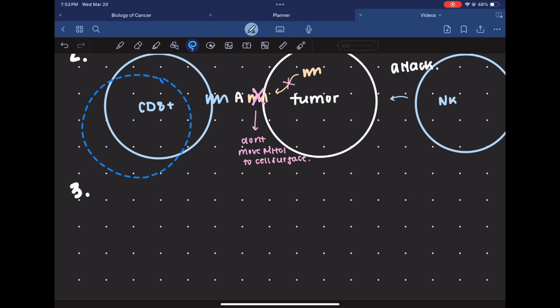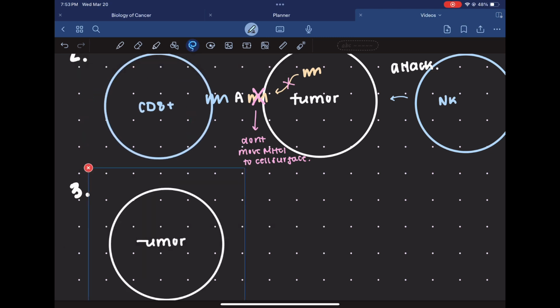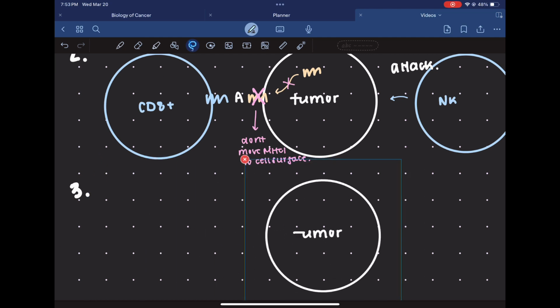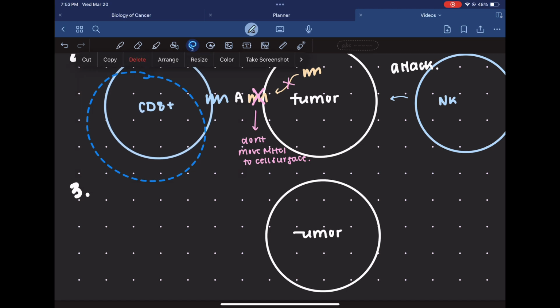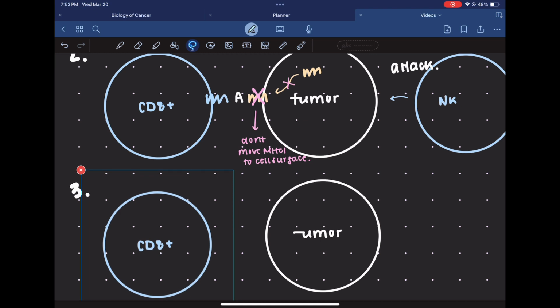Again, if I copy these cells down, all right. So in this case, actually, I'll put an NK cell here instead because this is going to be more relevant for NK versus our CD8 plus.